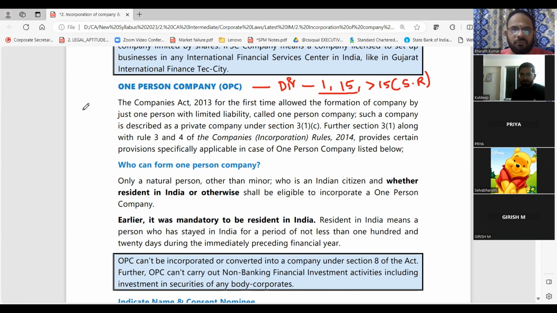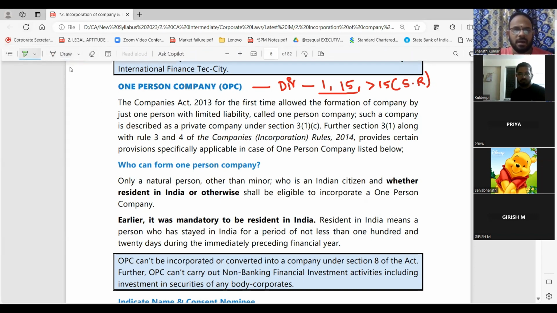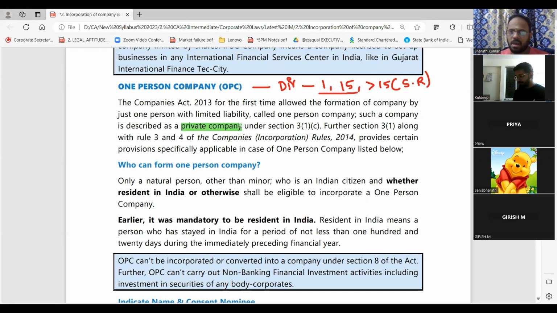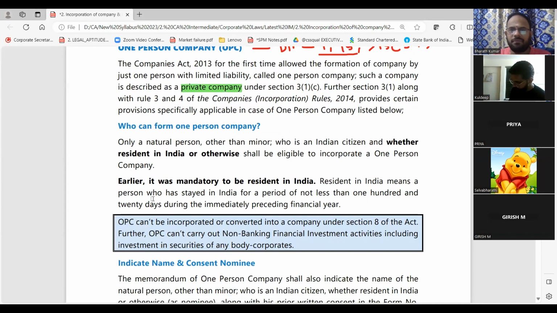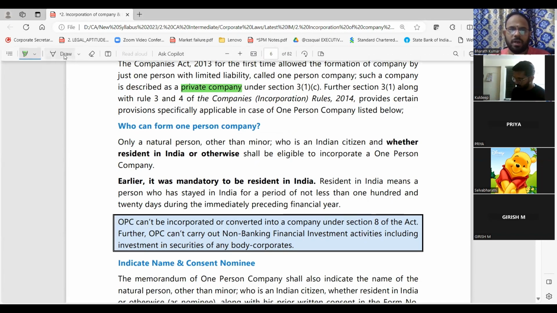1-person company is a part of what company? It is described as, I will color so that if I underline, it will take time. It will be described as a what company? Private company. I have already told you. Apart from public company, OPC, private, small, everything is like that only. Now you can ask me, sir, when we say 1-person, 1 member, only 1 or it will be 2?